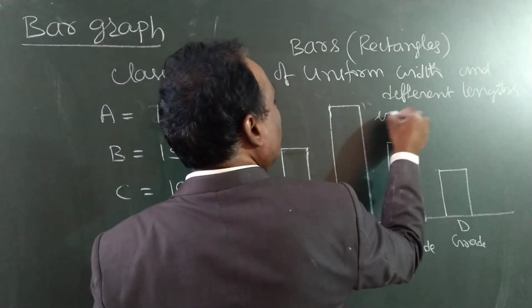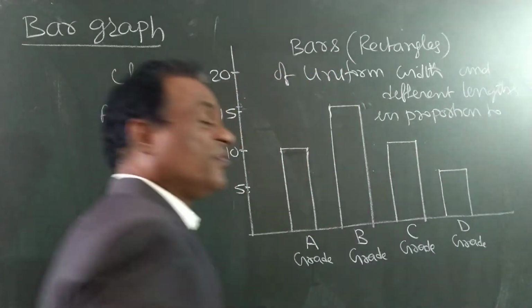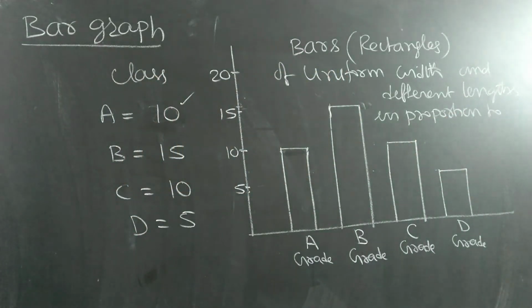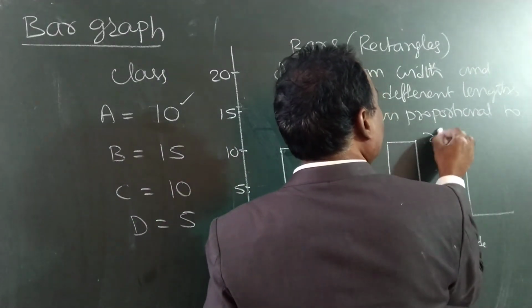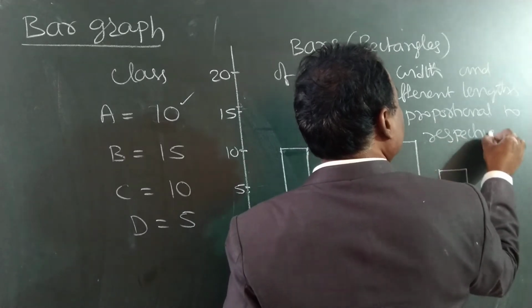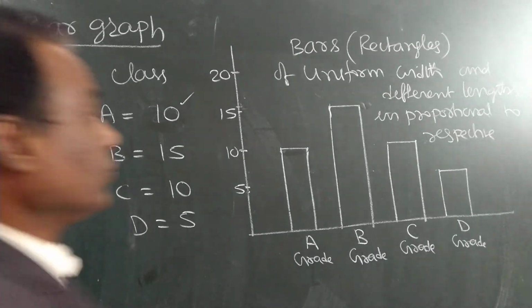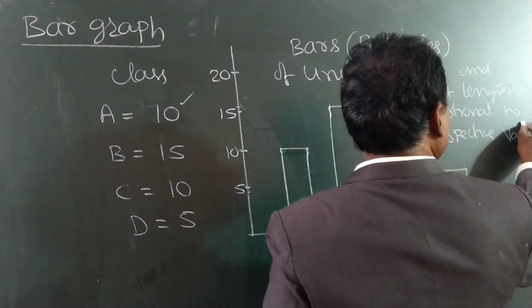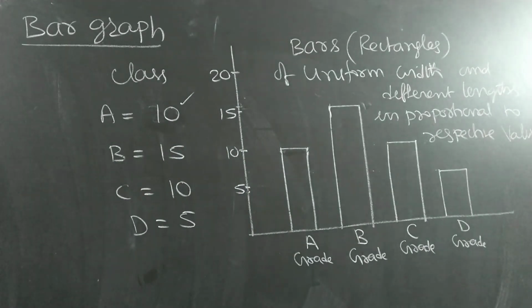Write down: different lengths in proportion to respective values is called a bar graph.